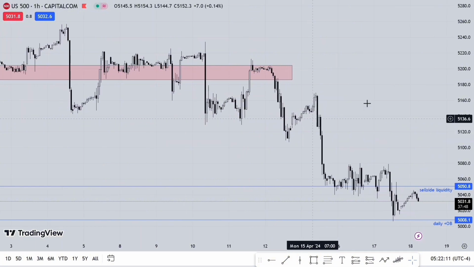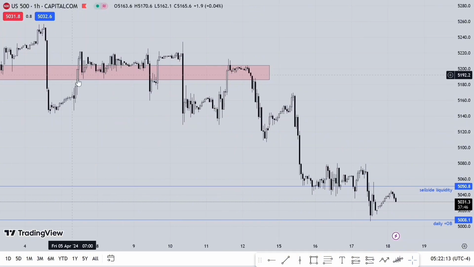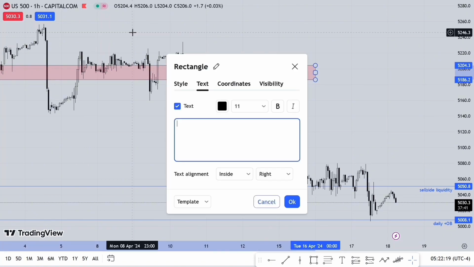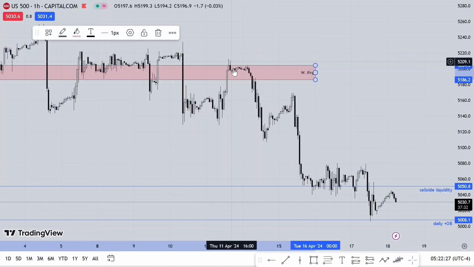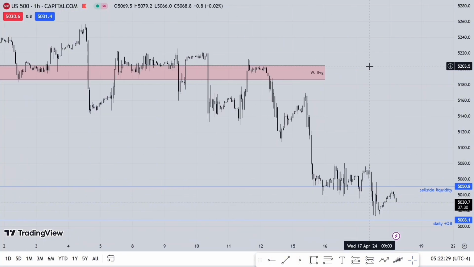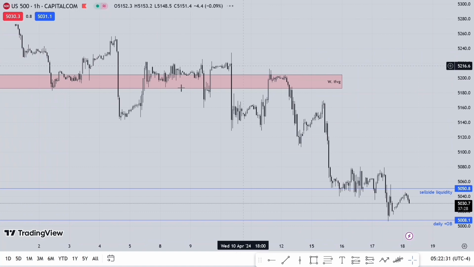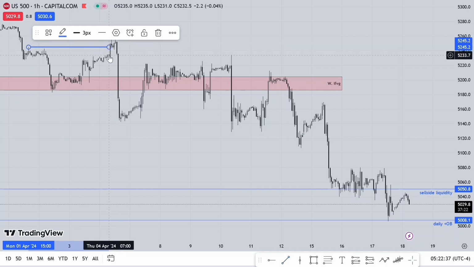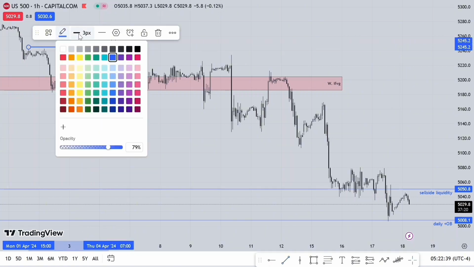So from the 1 hour time frame, we have this inversion fair value gap from the weekly time frame. Let's label this. As stated in the previous video, we had liquidity purges. We had buy side liquidity purged here.